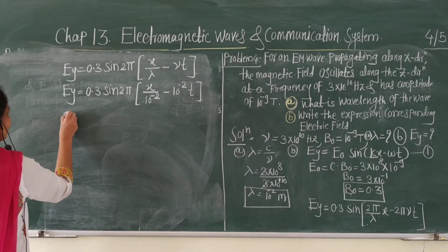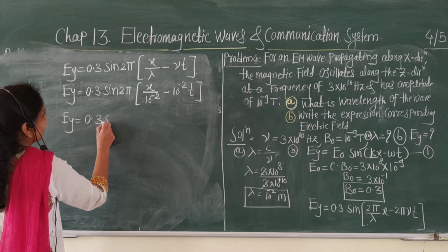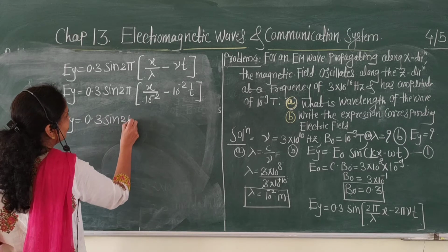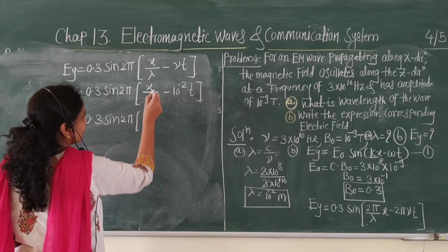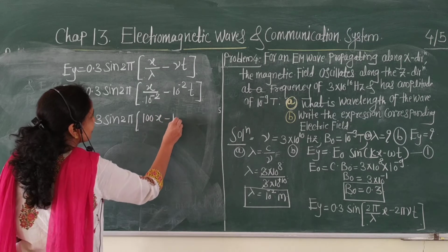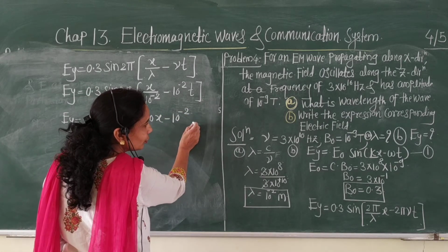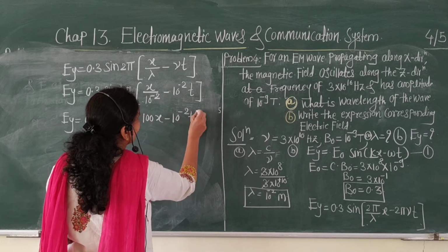Therefore, EY is equal to 0.3 sin of 2π. 10 raised to minus 2 becomes 100x, minus 10 raised to minus 2 into t.